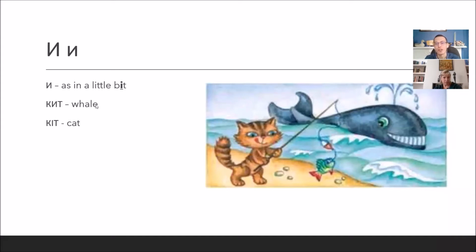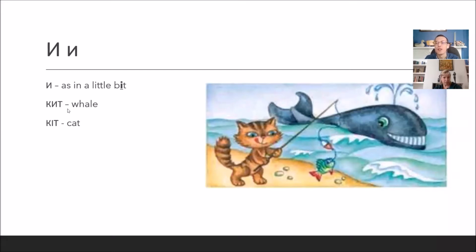For example, there might be confusion between E and A. So the A as a backwards N would be in the word kit, which means whale.